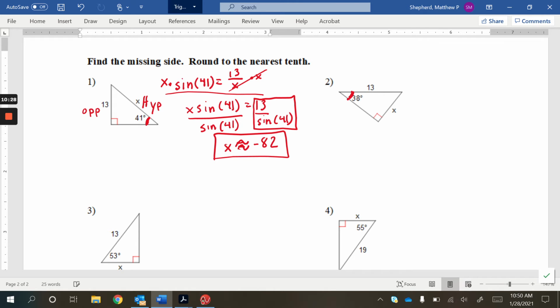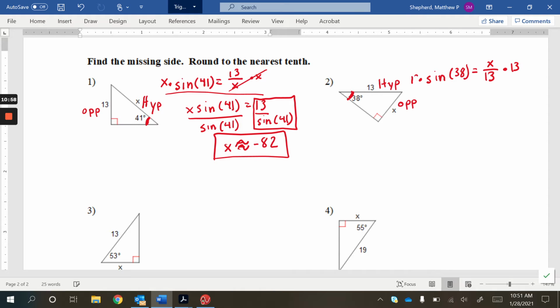We've got this angle. Looks like we've got the opposite side, and right up there we have the hypotenuse. So once again, we're going to be using sine. So sine of 38 degrees is equal to the opposite over the hypotenuse. This one's going to be much easier to solve because x is in the numerator this time.